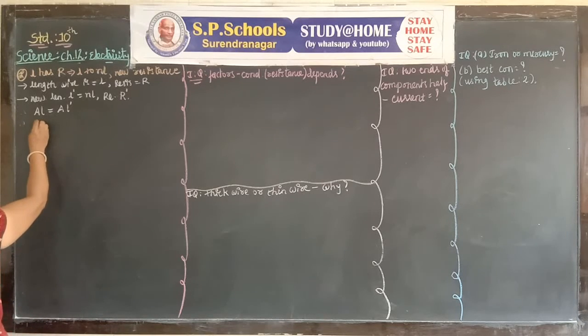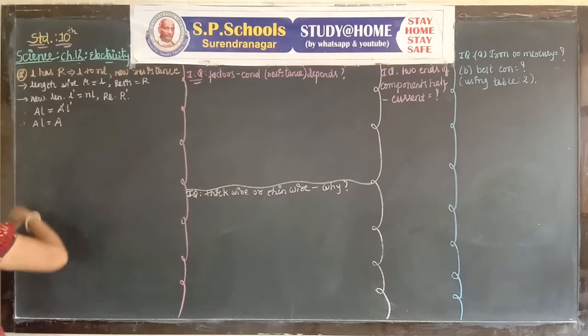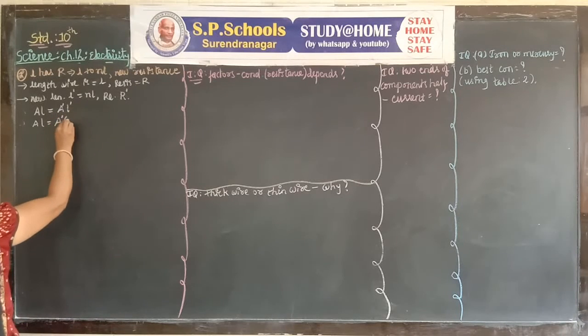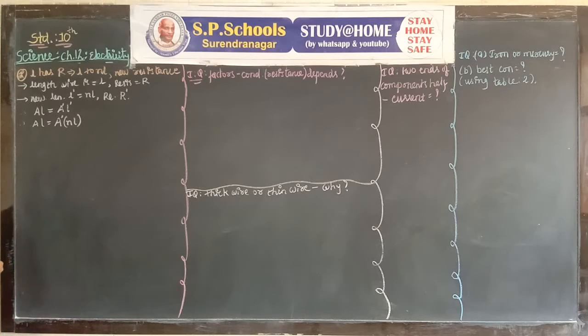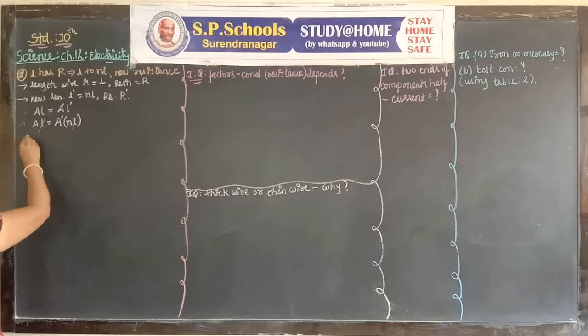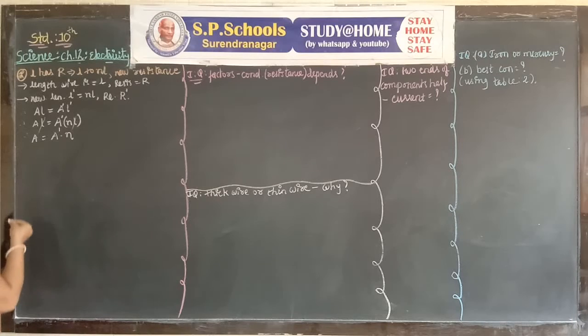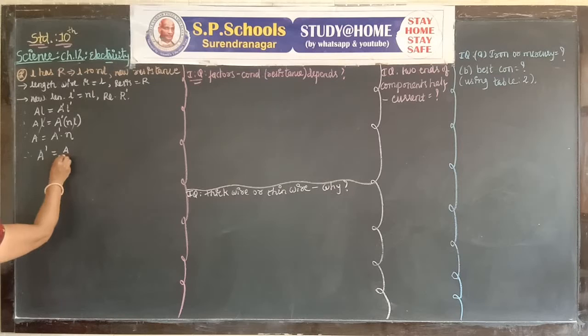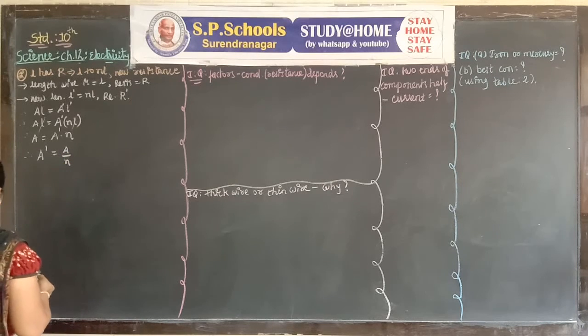Put the values: A into L is equal to A dash into n into L. L cancels on both sides, so A is equal to A dash into n. Making A dash the subject, A dash is equal to A upon n.